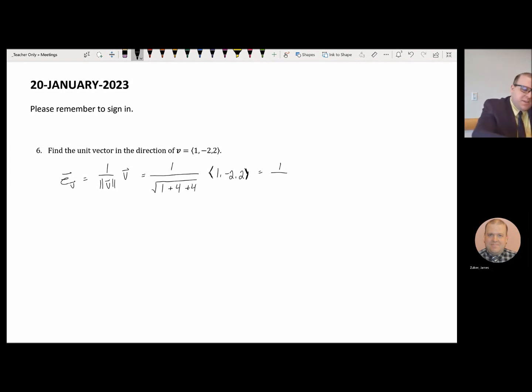Root 9 is 3, so it's going to be a third times our vector. That makes our unit vector 1/3, negative 2/3, and 2/3. And again, this is also a direction vector for v.